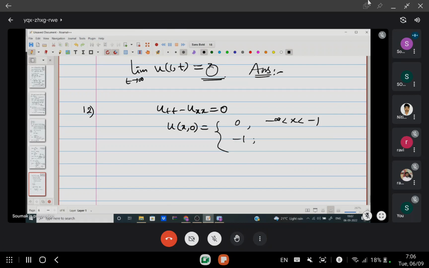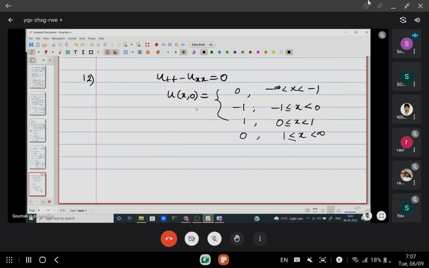Just check this carefully, because this is a very tricky type of question. I wrote phi, right? u(x,0) is my phi(x), and u_t(x,0) is my psi(x), right? So u_t(x,0) is 0, it is given. This is my question. Okay, so what is the solution?